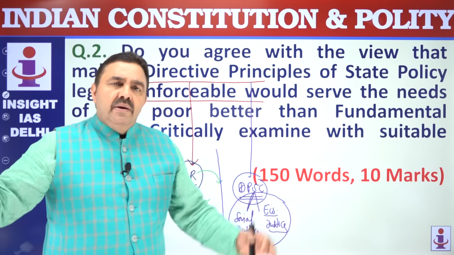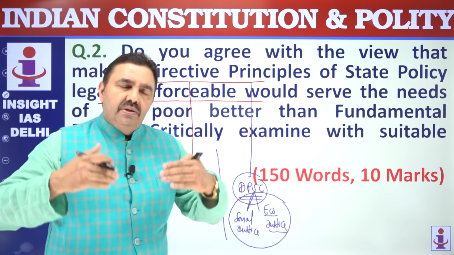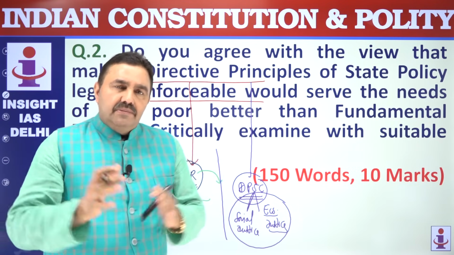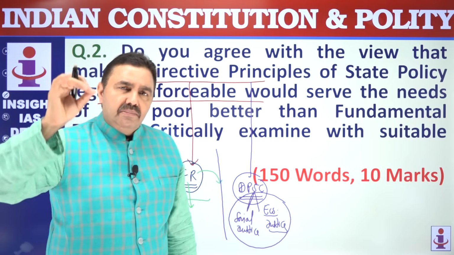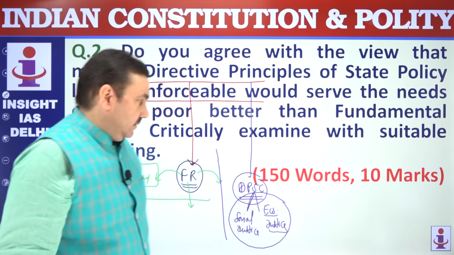Whenever any law is interpreted under judicial review, under the powers enjoyed by the Supreme Court and High Court under Article 13, the court keeps in mind both Part 3 as well as Part 4 of the Constitution.